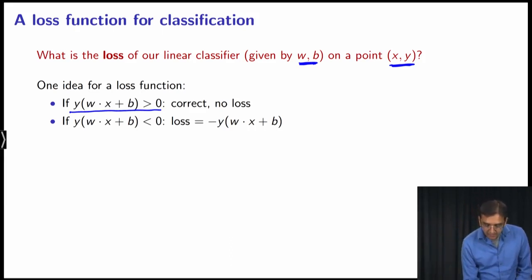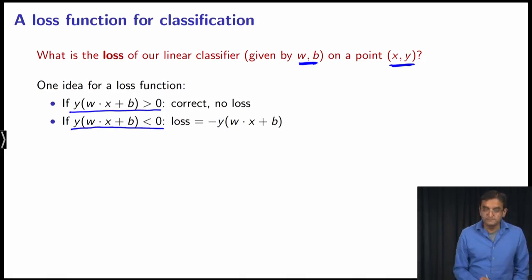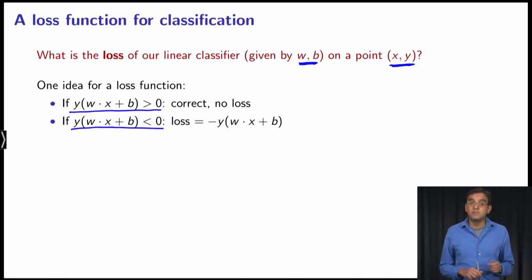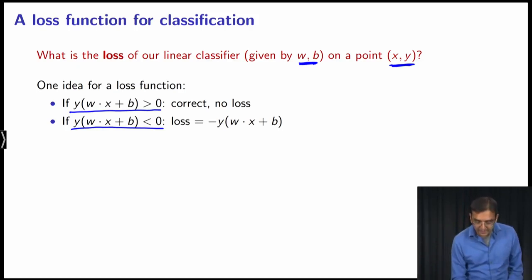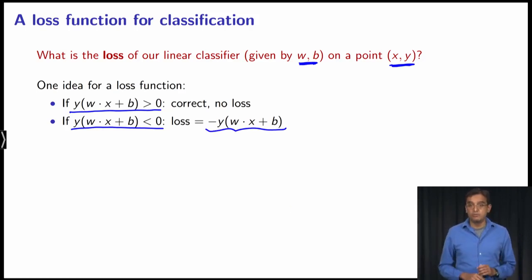Okay. On the other hand, if we are wrong, if y times (w dot x plus b) is less than 0, if y and w dot x plus b have different signs, then we're wrong. How much penalty should we incur? Well, one thing we can do is to say that our penalty is the amount by which we are wrong. So what does that mean? Let's say that the correct label is plus 1.